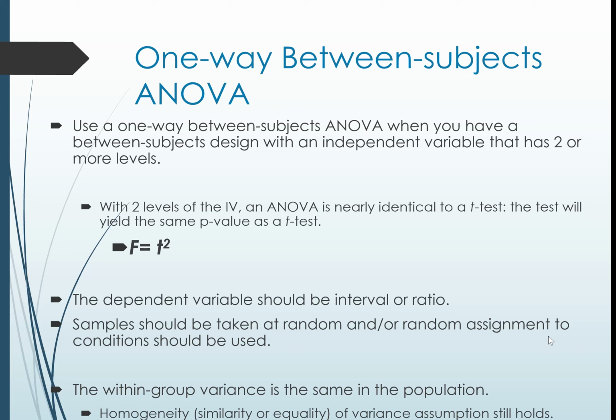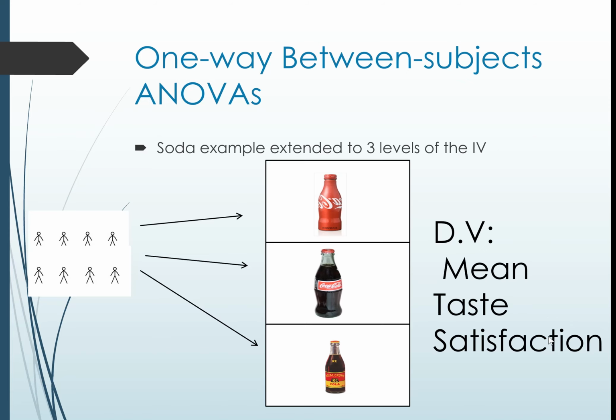So to extend our soda example, let's say we wanted to throw another type of soda in the mix. So we're comparing American Coca-Cola, Mexican Coca-Cola, and I believe that's RC Cola, which you should generally avoid. And we're comparing them on some interval ratio scale of taste satisfaction.